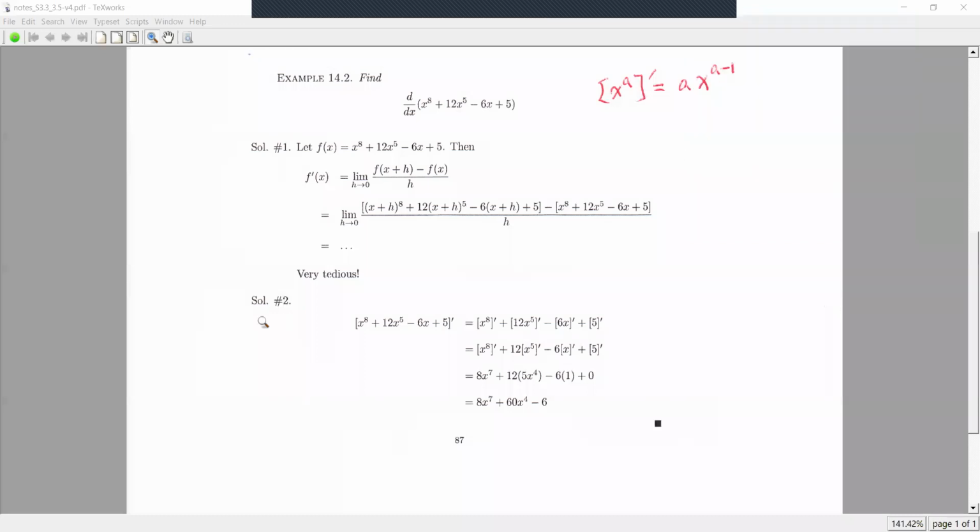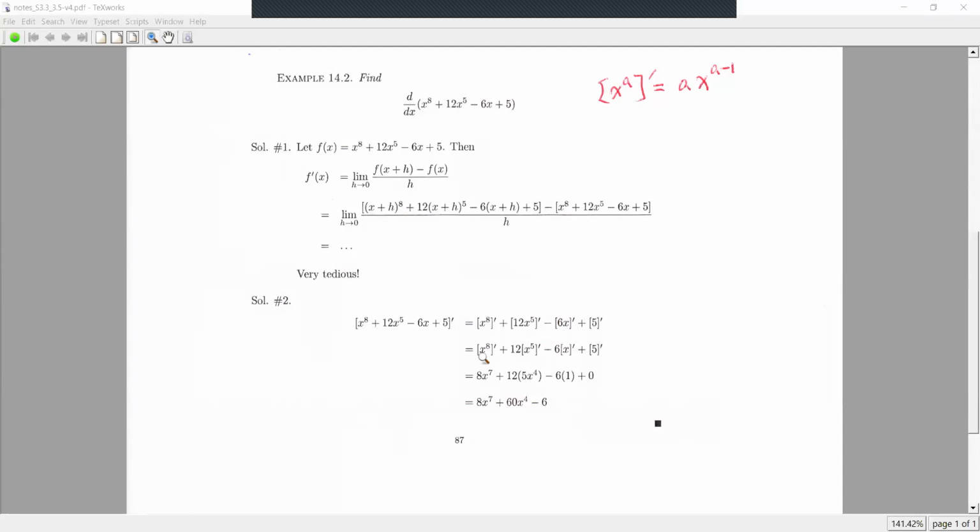In solution 2, I use the 10 formulas to compute this derivative. By the summation and subtraction formula, I have this equation. By the constant times a function formula, I can move the number 12 outside this derivative and the number 6 outside this derivative to get this equation.